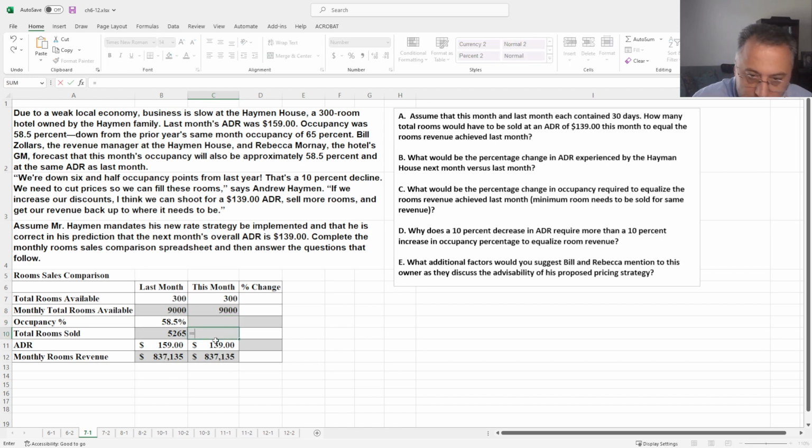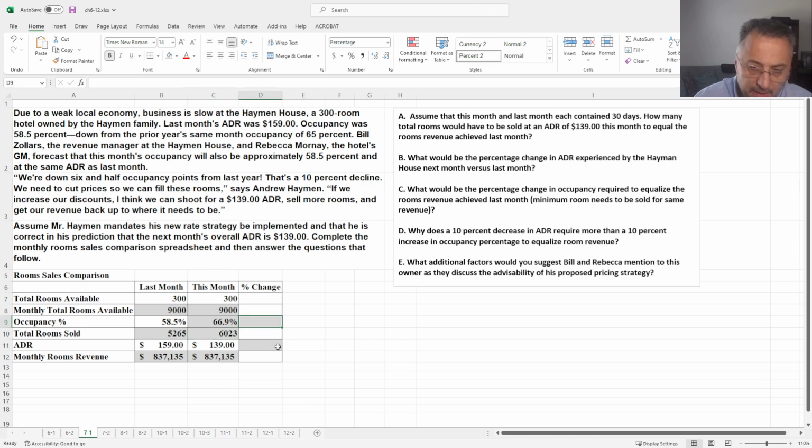First we need to take this monthly revenue divided by the assumed ADR. We need to sell at least 6,023 rooms, and the occupancy of that is this number divided by total available, which is 66.9%.